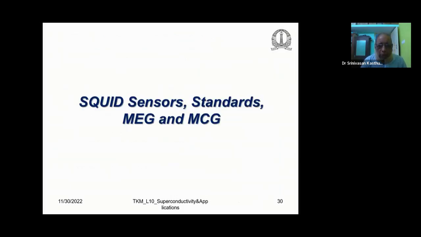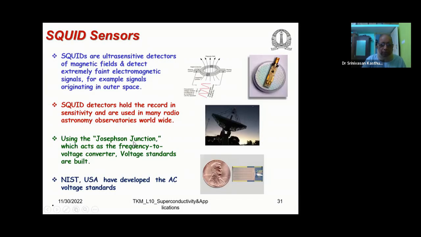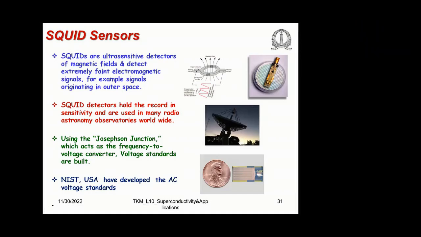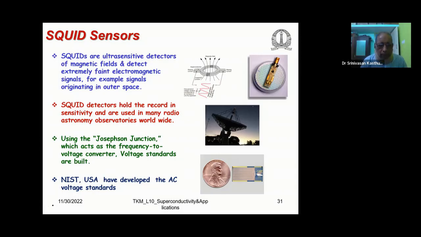Coming to SQUID sensors, standards, etc., and magnetoencephalography and magnetocardiography, I already discussed this with you earlier. SQUID sensors are ultra-sensitive detectors for magnetic fields, and they are able to detect extremely small magnetic signals. I explained, for example, the Josephson junction, which normally has a screening current, and within the loop a certain number of flux lines are trapped.